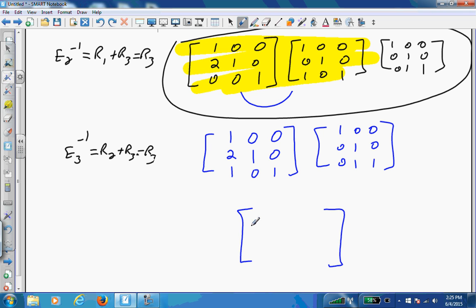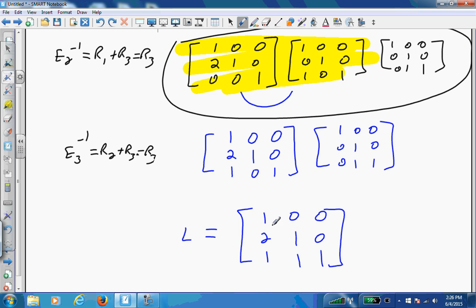Row times column, row times column, here times here, here times here. All right, so that gives us our lower.